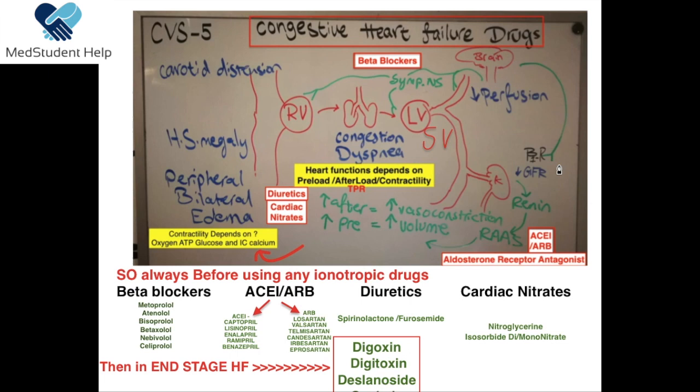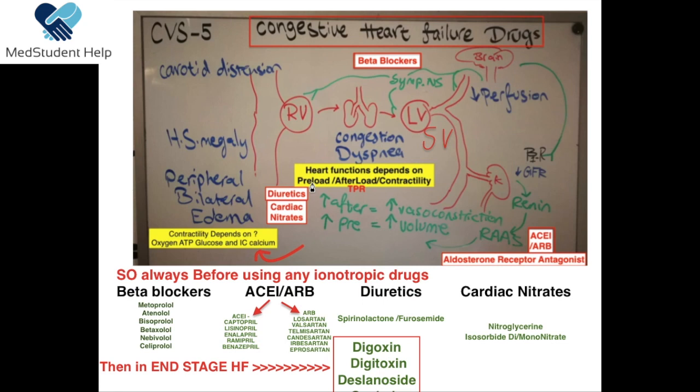They can sense the pressure in the afferent arteriole. If the pressure is dropping in the afferent arteriole, these cells are going to release the renin. And the renin is going to again activate the Renin-Angiotensin-Aldosterone System, and it is going to end up with vasoconstriction, increasing the afterload, and increasing the volume, increasing the preload. Okay.